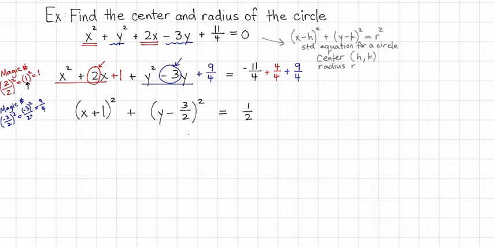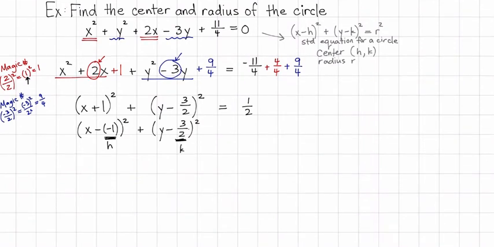So instead of x plus 1, I could rewrite this as x minus minus 1. And then we can really clearly see that our h here is minus 1. Now this one's already in that nice form, y minus 3 over 2 squared. So my k here is positive 3 over 2.